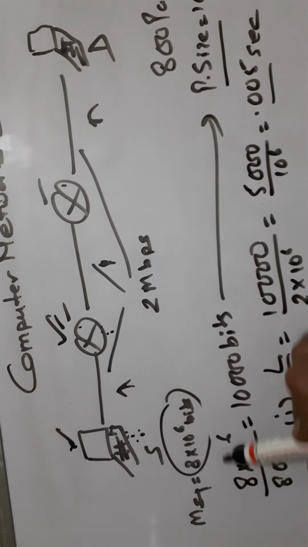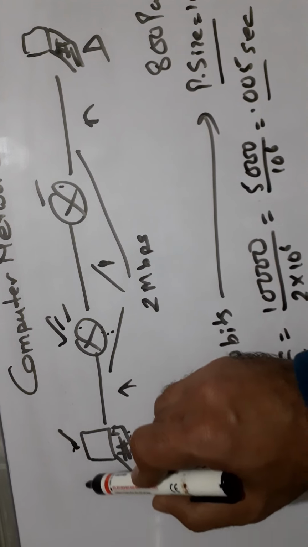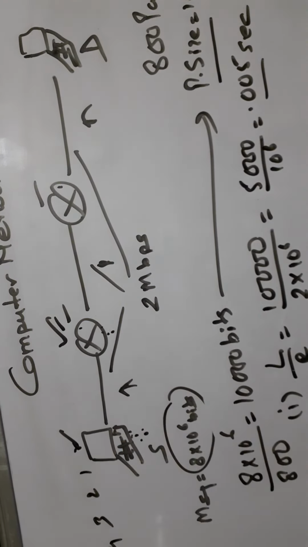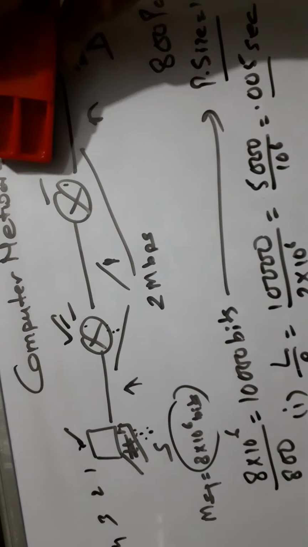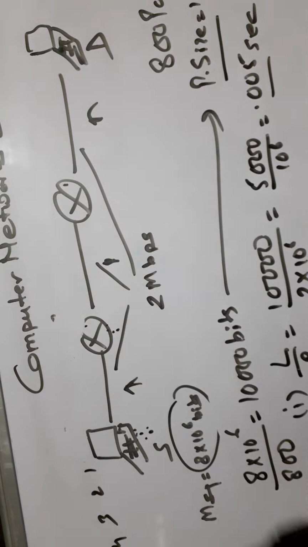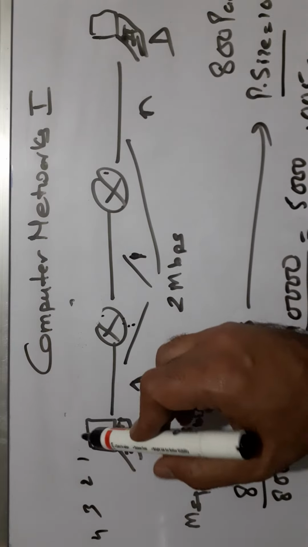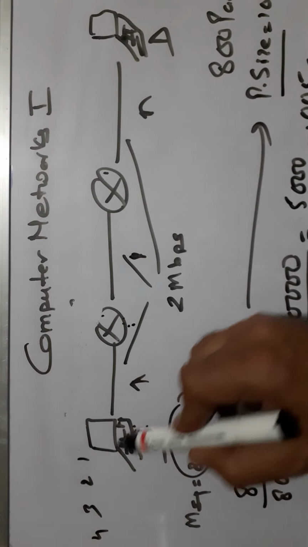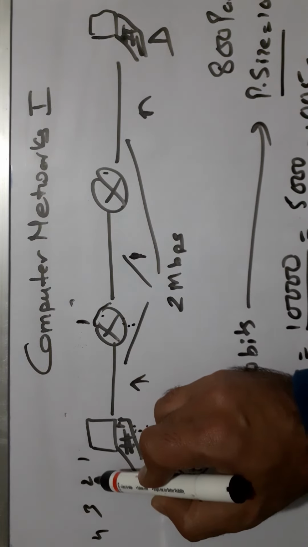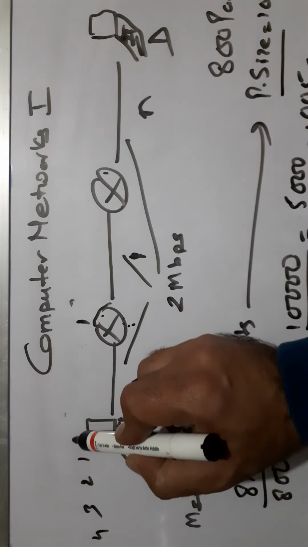Let's suppose we have some packets which are aligned in a queue at this particular point: 1, 2, 3, 4. When this first packet reaches this particular point, the second packet over here is ready to get transmitted into this link.